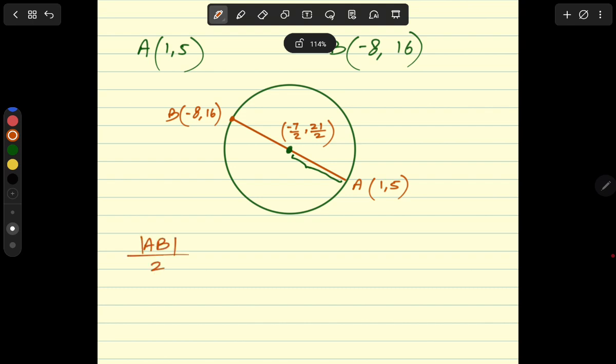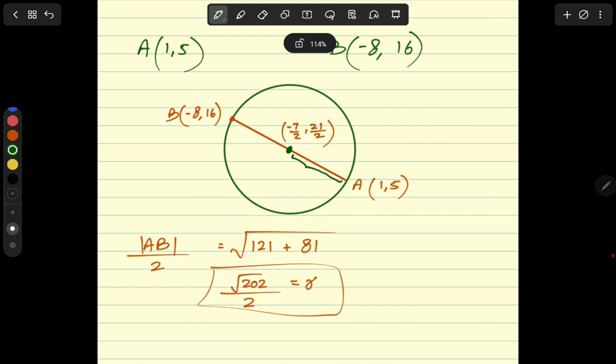So just find the distance AB, which is going to be 16 minus 5 is 11, so 121 plus this is 9, so this is 81, so whatever that is, so this is under root 202. So under root 202 divided by 2 is going to be the radius of this circle.